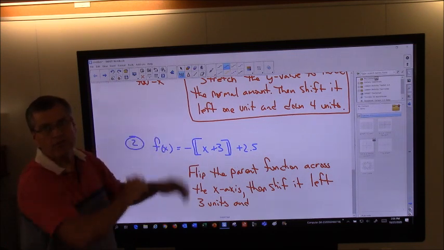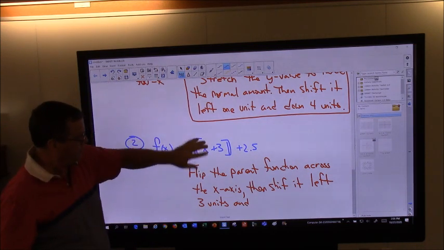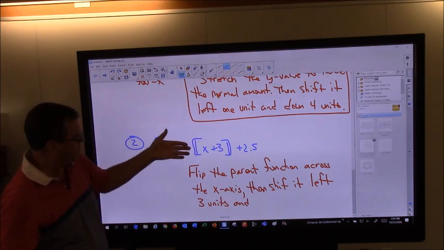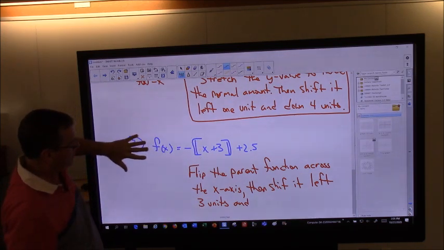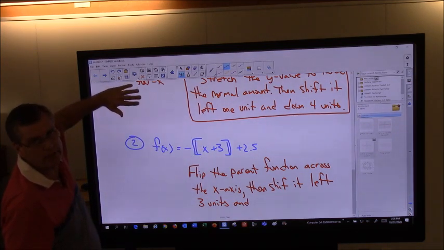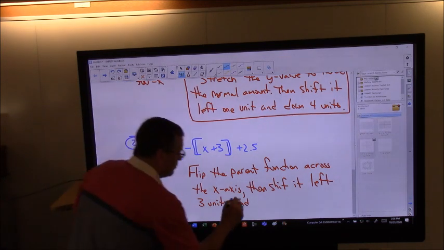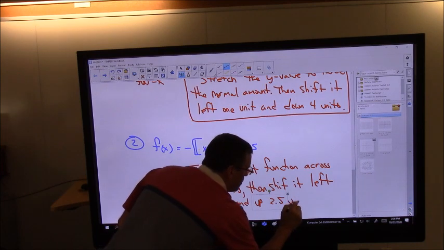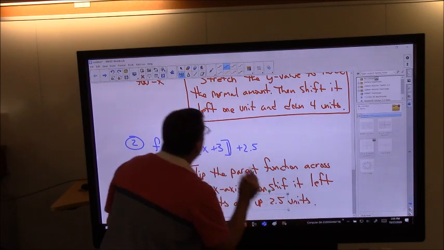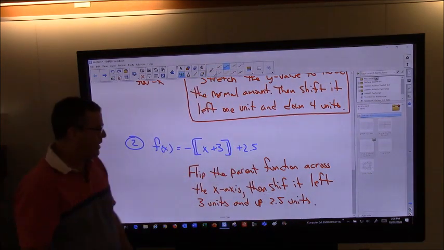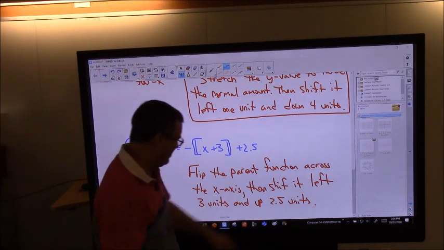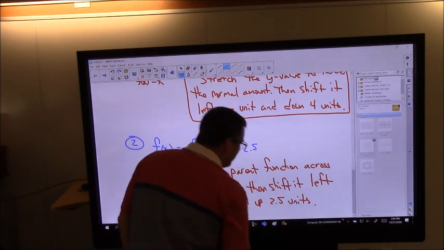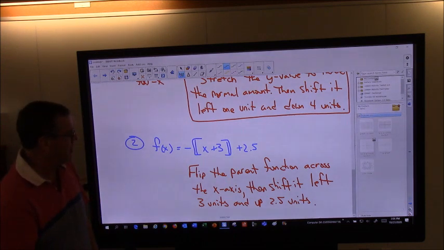I don't really care what it looks like. I just know that's what's going to happen. That set of steps is going to get flipped across the x-axis, shifted left 3 units, up 2.5 units.